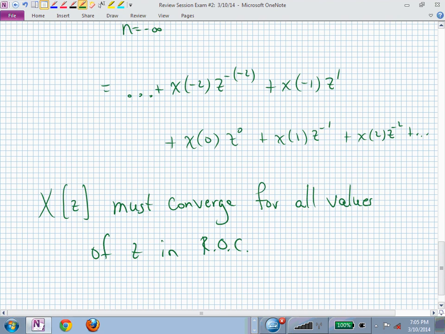We only have 3 different types of regions of convergence. We pick a z in one of those and plug it into this definition, and that will tell us something about the time indices that have to be non-zero or the time indices that have to be 0. Let's see what that means.